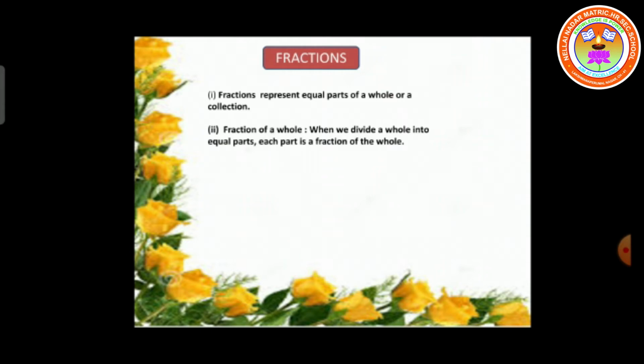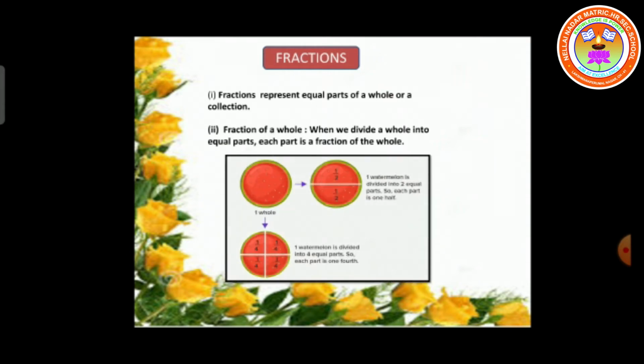Now you understand, right? Now I am going to explain with one example with a watermelon. See, the first figure represents a watermelon, that is the whole. The next thing, that watermelon is divided into two equal parts.